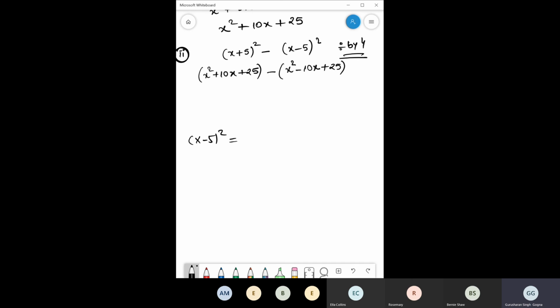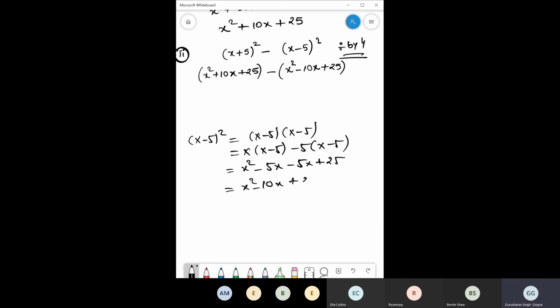So (x minus 5) whole square is equal to (x minus 5) times (x minus 5). Okay, so exactly the same way how we did the previous thing. So this is how you can find out (x minus 5) whole square.